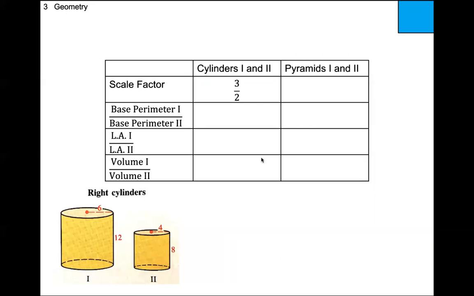The second one says I'm supposed to do base perimeter of the first shape over the base perimeter of the second shape. So this one's slightly more complicated. Let's see, perimeter. Perimeter means the distance around. The base of a cylinder is a circle. So it's asking me to calculate for both shapes the perimeter of a circle. So let's see, perimeter of a circle. Do we have that formula?